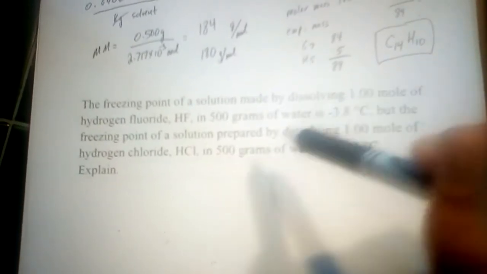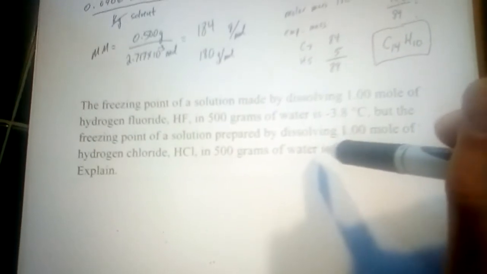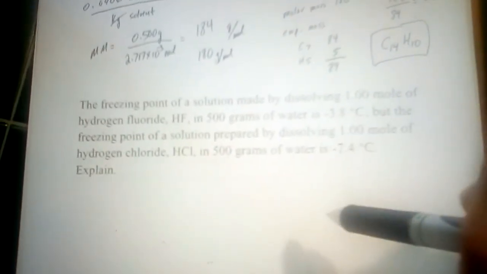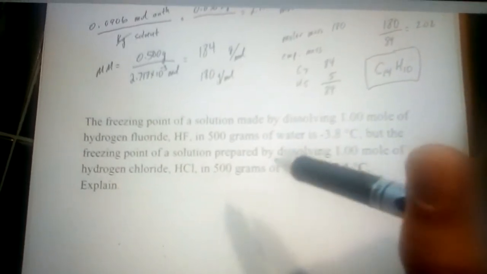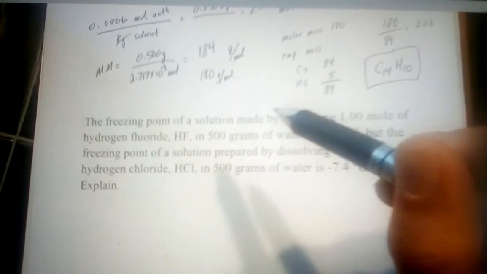We have the same amount of solvent. We know that the constants in this case for freezing point depression are based on the solvent, so it would be the same constant in each case. We also have the same quantity, 1 mole, of each of the 2 components. So the molalities of these solutions would be the same, the constants would be the same.